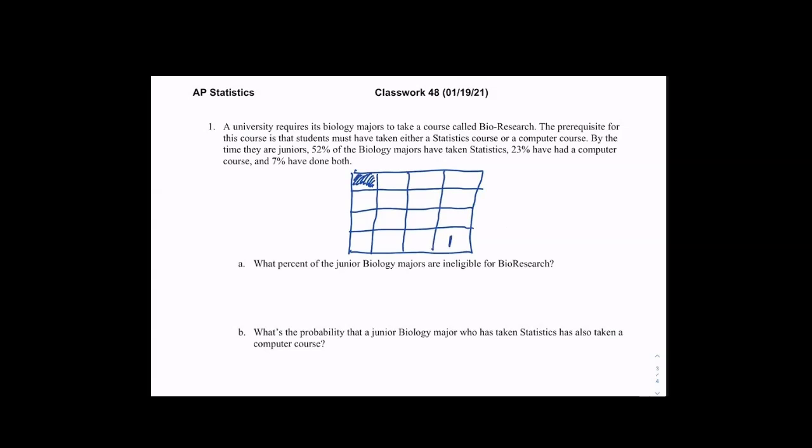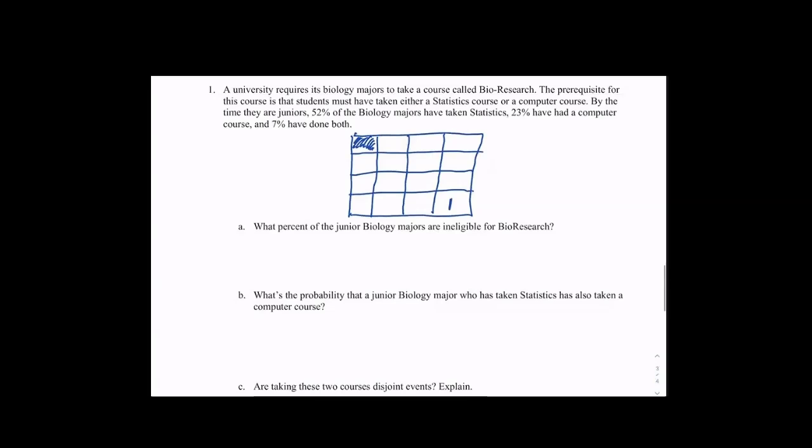You know the full probability is 1. All right, how should I label the top row? This is where I need your assistance. How do I fill that top row out?